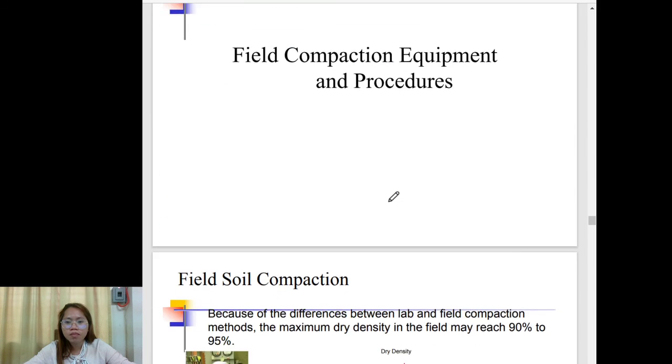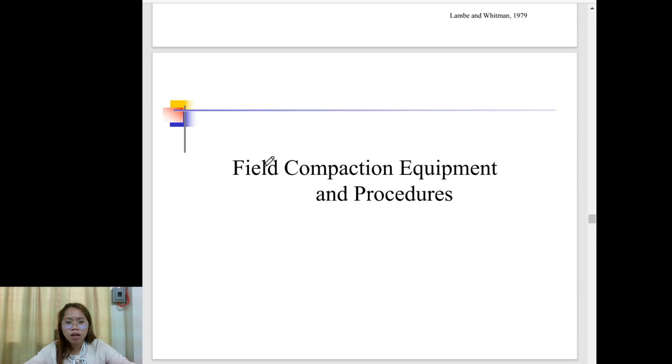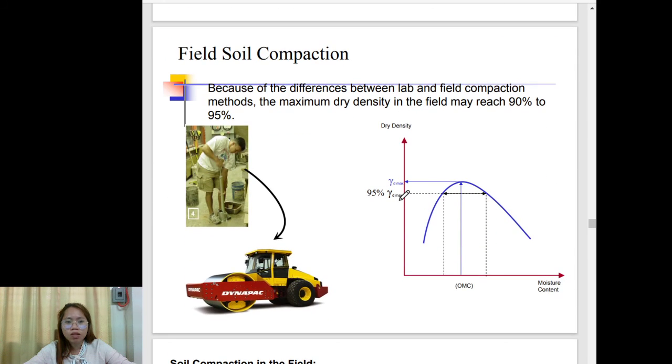Okay, now we move on to the field compaction equipment and procedures. So in the field soil compaction, because of the differences between the laboratory and the field compaction methods, the maximum dry density in the field may reach 90% to 95%. No?